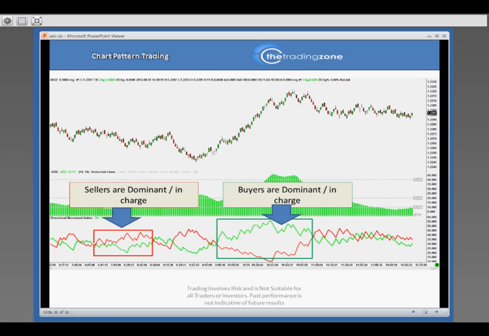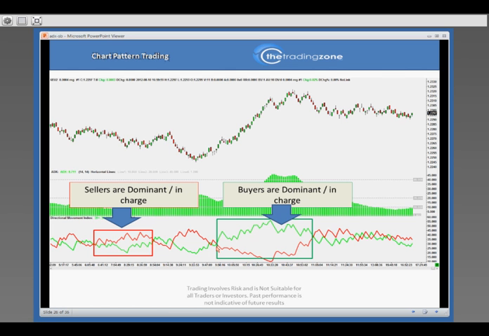So sellers are in charge when the red line is on top. Buyers are in charge when the green line is on top, right? Red for sell, green for buy makes a lot of sense. You can start to already see how these patterns line up with the market. You can see how the sellers took control over here and the market sold off.